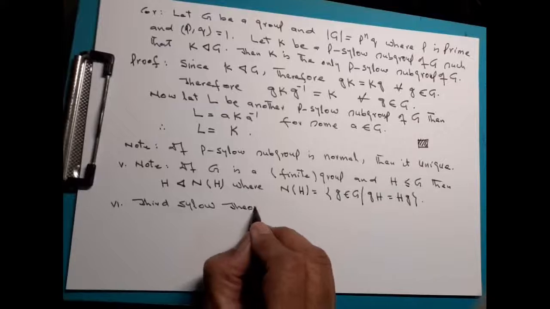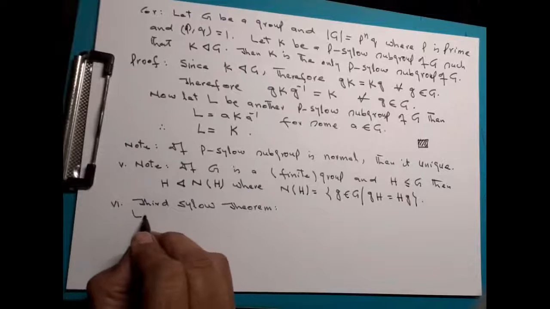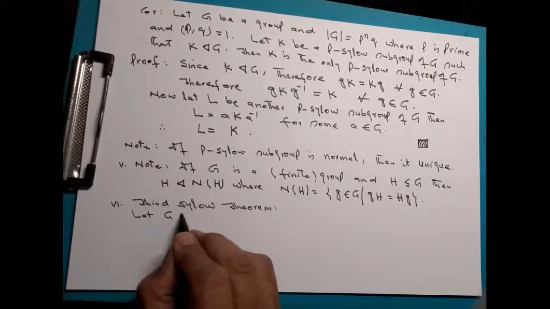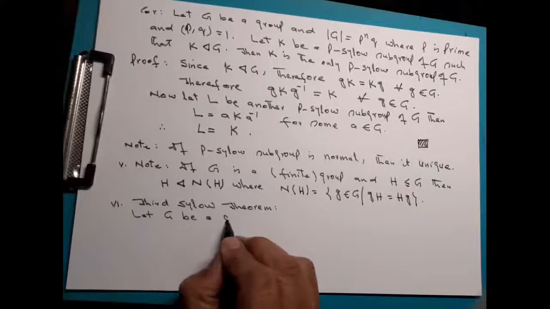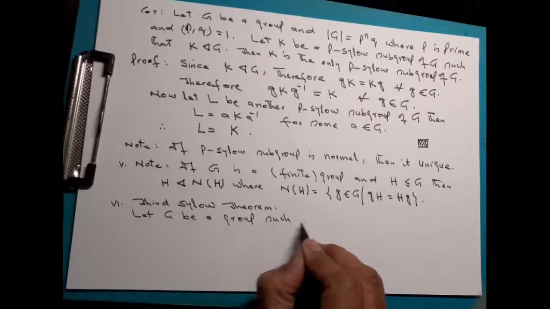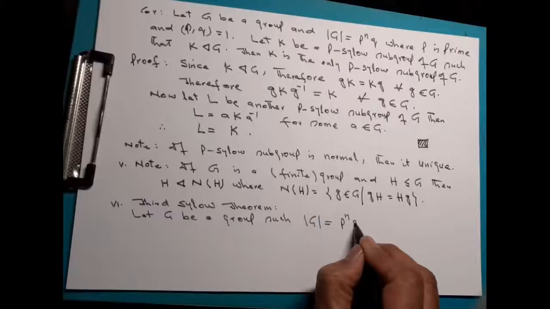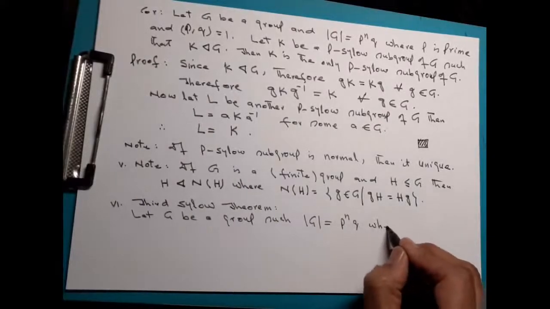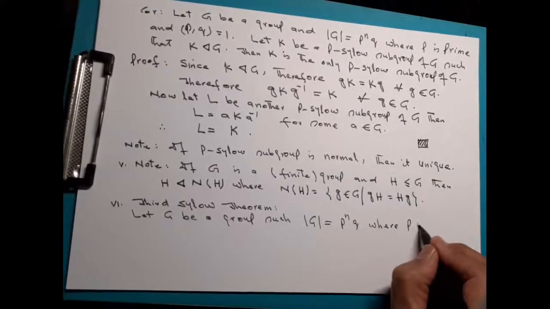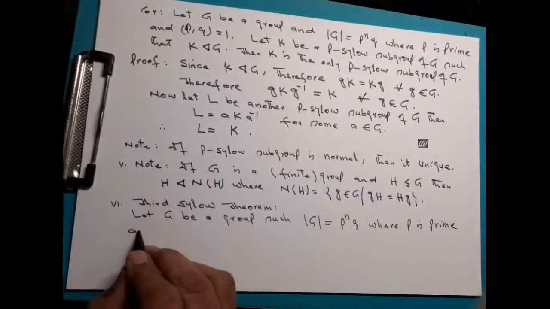Third Sylow theorem. The theorem says that let G be a group such that the order of G is equal to p raised to power n multiplied with q, where p is prime and p and q are coprime.